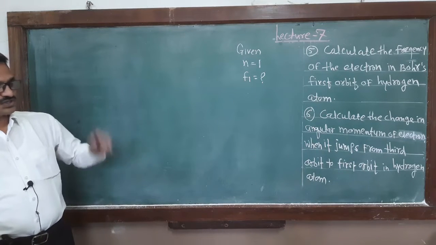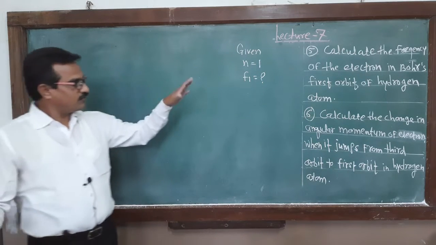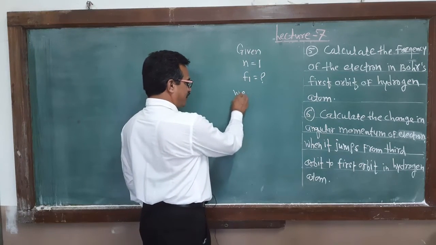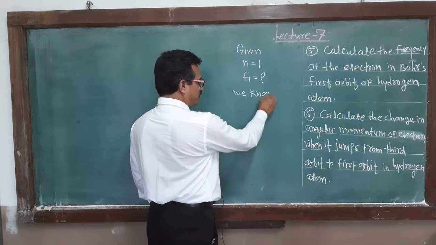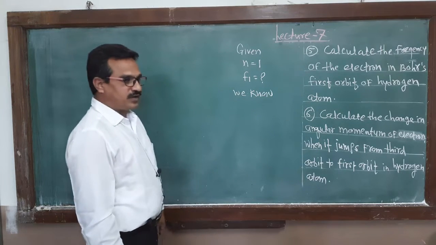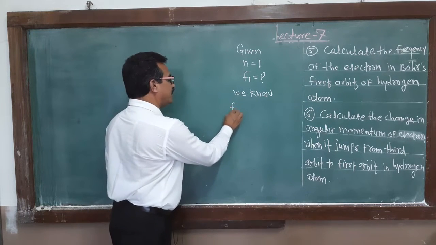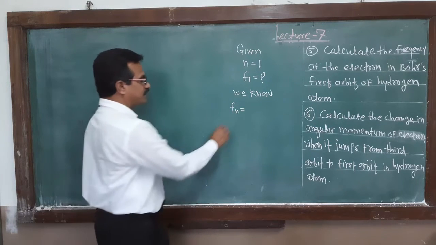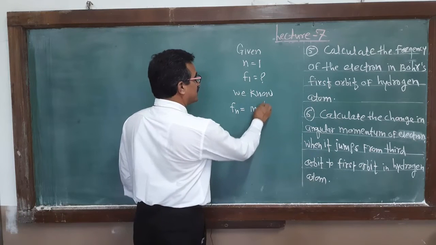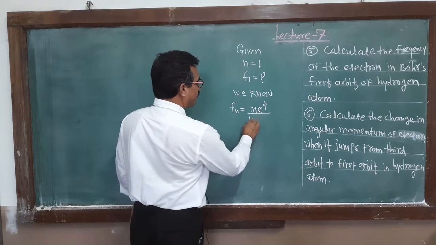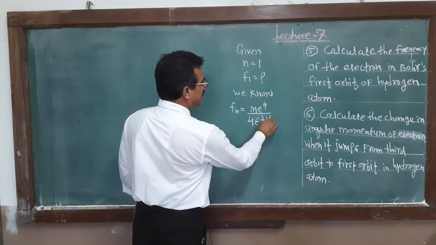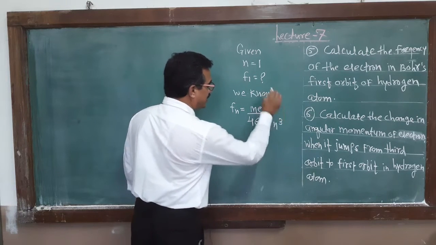For finding the frequency of revolution, we know the formula for frequency in nth orbit, Fn is equal to m e raised to 4 divided by 4 epsilon 0 square h cube n cube.